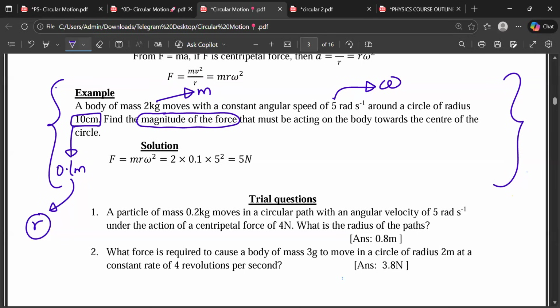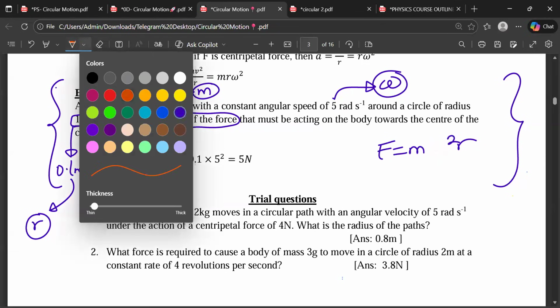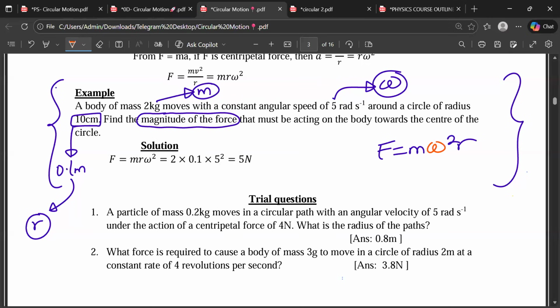So we have R, we have omega, we have M. That means the formula to use, you do your side work, and then realize that it is this formula that will work. Without you first getting acceleration and then force later, it is wasting time. So that is it. The formula, the substitution, and the answer.